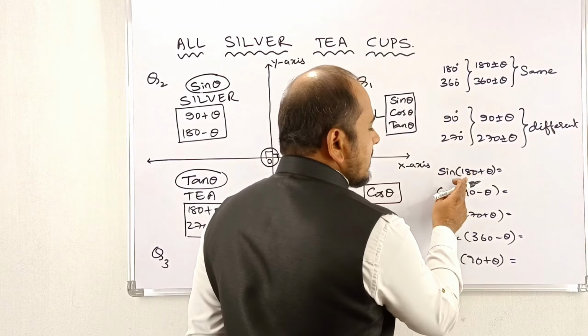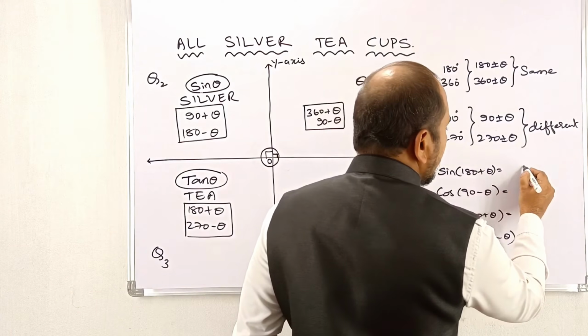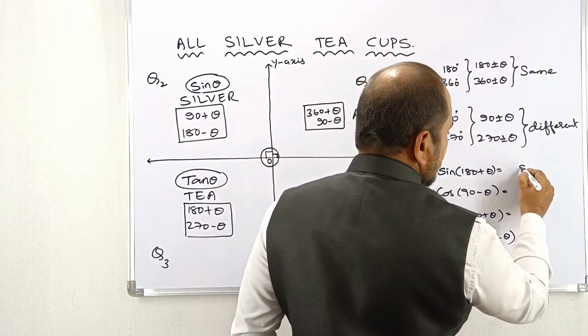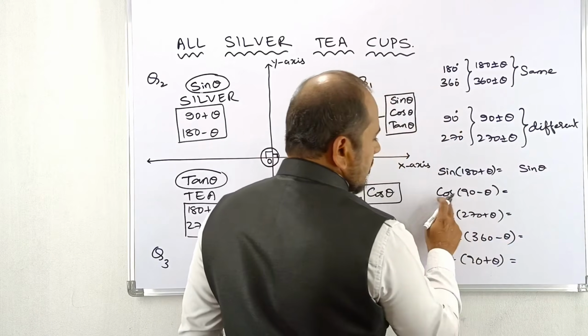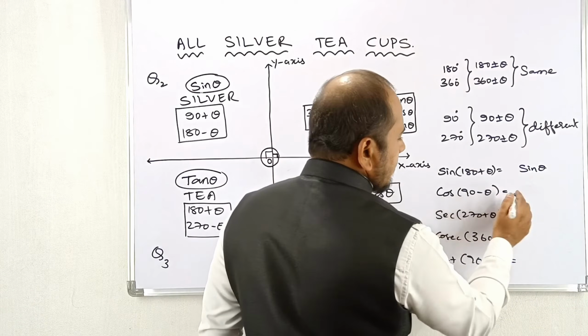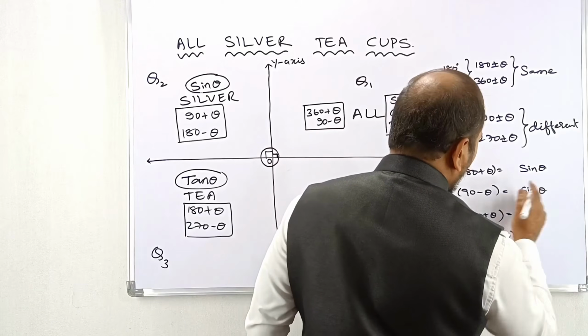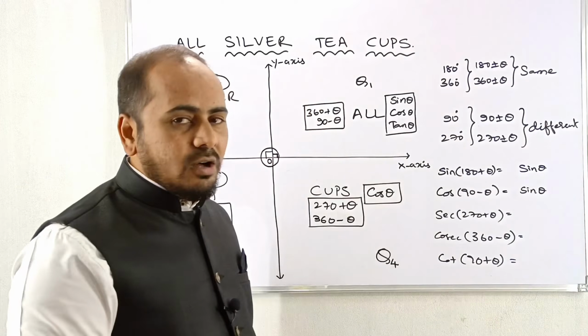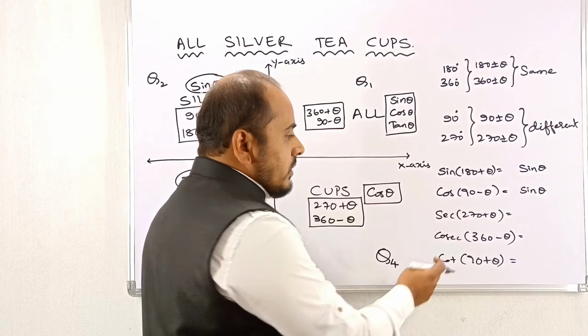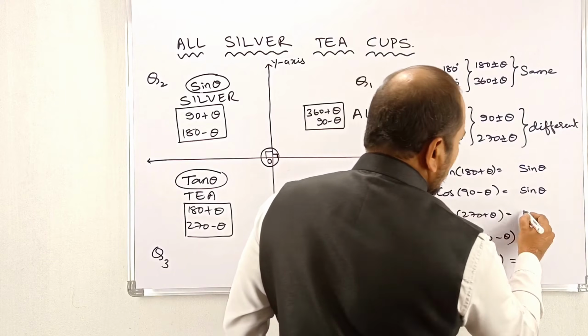Sine 180 plus theta: whenever you get 180, what to write? Same ratio, sine to sine, that's it. Cos 90 means you have to take a different ratio. For cos we get sine, not cos, because we have 90. For sec 270, we can write cosec.